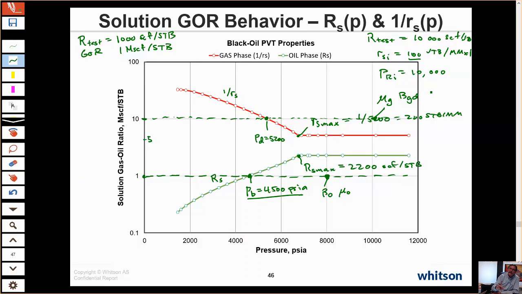That's graphically doing what that previous slide is telling you to do. So you first find the Rs max values, and then you check what your actual GOR is relative to that. If it's less than that, then you know it's saturated. You have to find out the saturation pressure, and you get all the properties. So we're going to do an exercise with this. But this figure nobody draws. You've got two figures actually. This figure here is usually done like this, and this figure here looks like this.